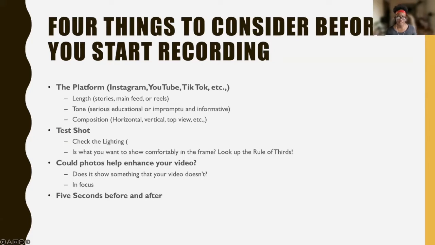Stepping back for a second. So you want to know the platform, but you also want to know which part of that platform. Since social media platforms are all competing with each other, they're all basically stealing each other's stuff. So for Instagram, for example, Instagram has Instagram stories, it has the main feed, and it has the reels.